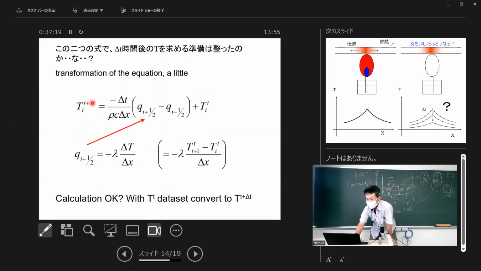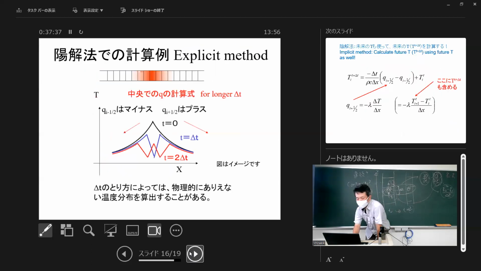You know that the explicit method is very simple, that we can calculate the delta t time step forward with the present situation very easily. But the delta t is the keyword of this calculation. If we use a much larger, a little bit larger delta t, then this calculates like this, some curious future condition or thermal distribution, right?